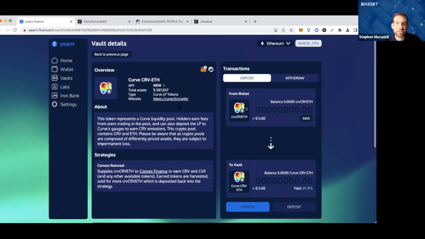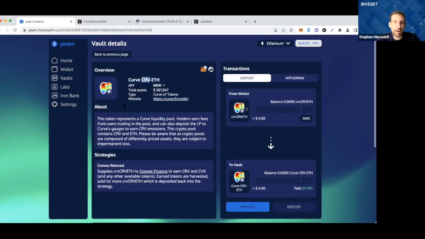What this does is deposit liquidity into a decentralized exchange. Curve is a decentralized exchange that allows people to trade different assets. So this vault requires you to have ETH and Curve.